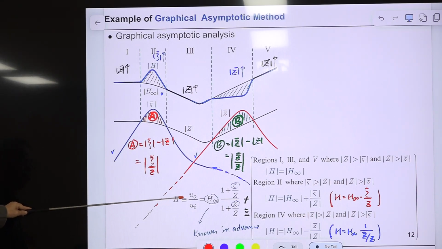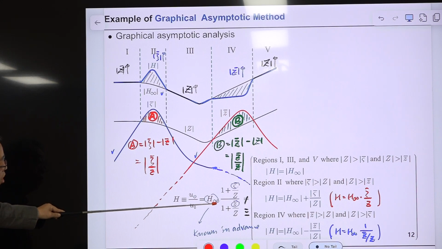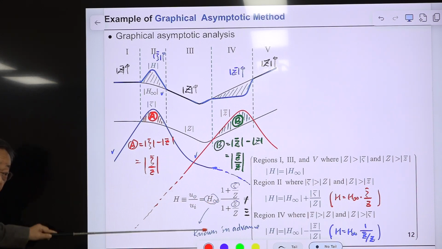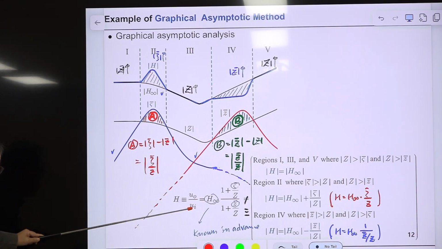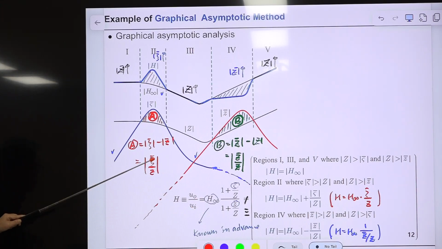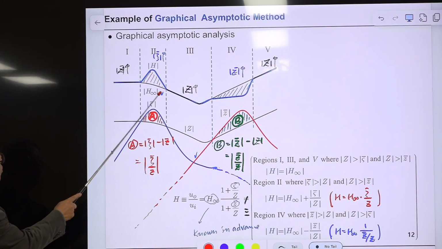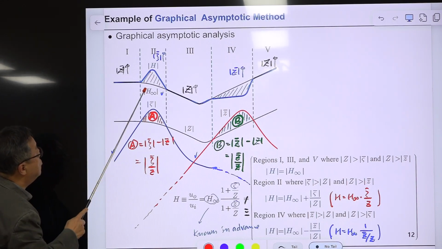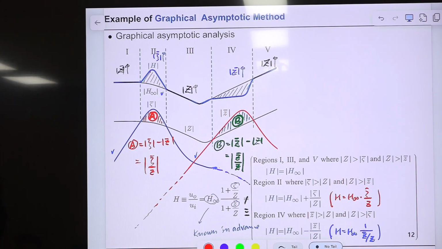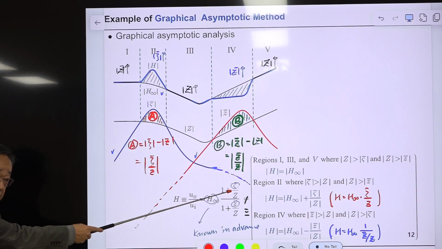The transfer function of this uncoupled converter without considering the load impedance is H infinity. It's known. Okay, we analyzed this and we obtained the Bode plot of that. So this is known. So H infinity is known, and from the uncoupled converter, you can evaluate this. Right?